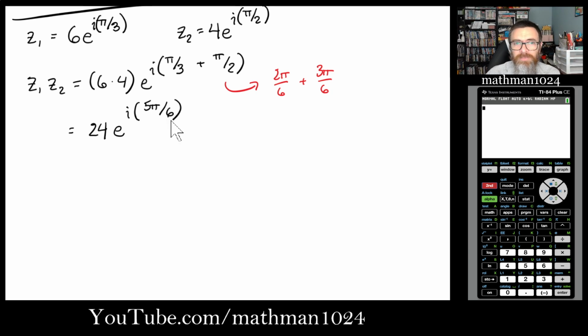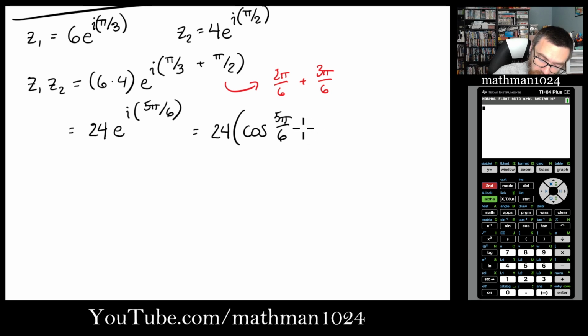There's your product. If you wanted to write this in polar form, that'd be pretty simple, because this would just be 24 times cosine of 5 pi over 6 plus i times sine of 5 pi over 6.